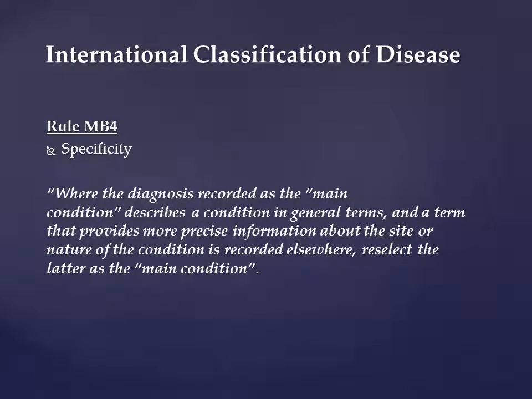The fourth rule is specificity, wherein the diagnosis recorded as the main condition describes a condition in general terms, and a term that provides more precise information of the site or nature of the condition is recorded elsewhere. We select the latter as the main condition. You should code the more specific as always.